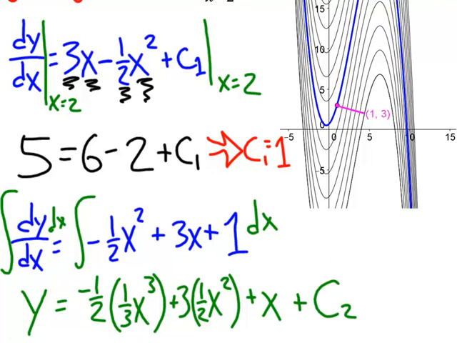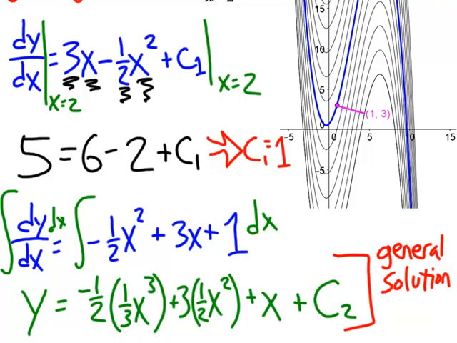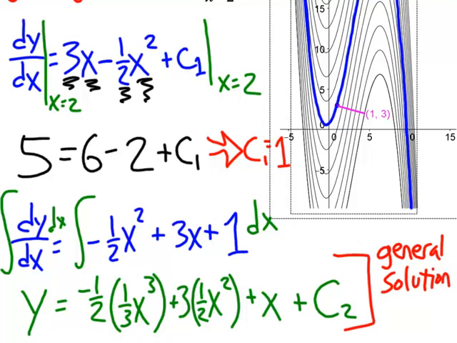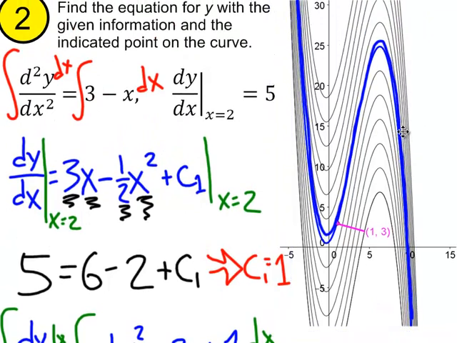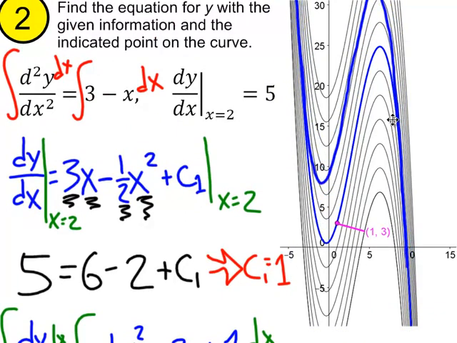Now this, with the c value, is what we would call the general solution for y. And the idea is that depending on what the c value is, a changing c value could cause this graph to either go up or down.